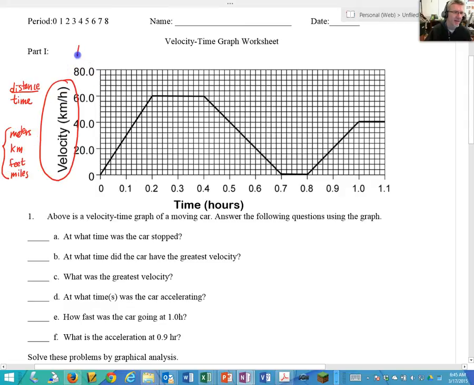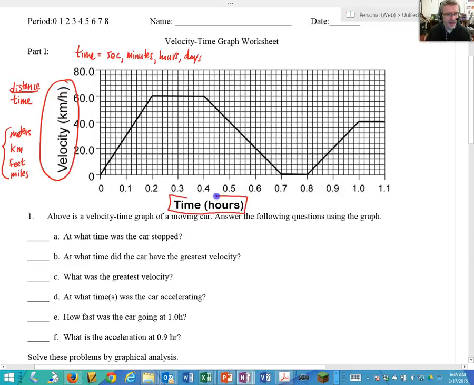And time, you can use a bunch of different units for time. So seconds is good, minutes, hours, days. You get the idea. In this case, our time is in hours.